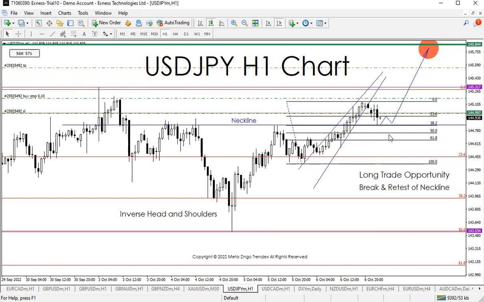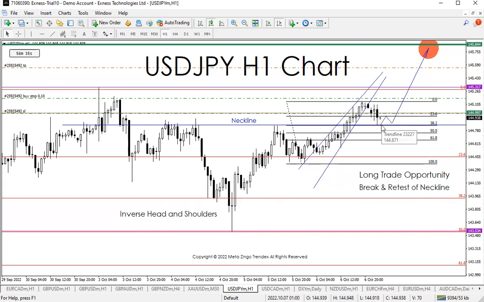So what I'm expecting to play out from this setup is this: I'm looking for a long trade opportunity from this inverse head and shoulders pattern. And I'll wait for a break and retest of the neckline. Like I said before, the neckline has been broken. The retest is currently happening now.